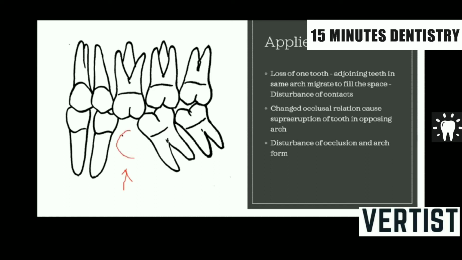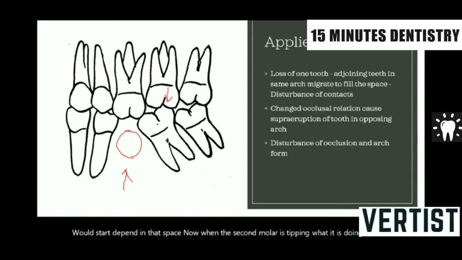Coming back to this point, if the first molar is lost, the second molar would start tipping into that space. When the second molar is tipping, the distal part of the second molar will start impinging on the upper second molar, so you will get an occlusal facet. So the loss of just one tooth is going to alter the occlusion entirely in that arch.